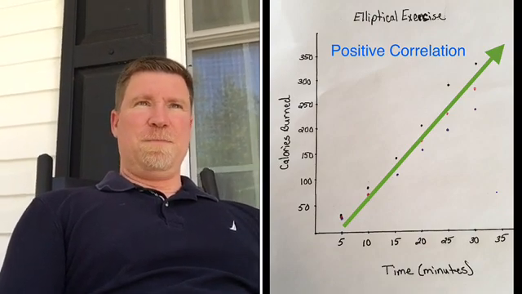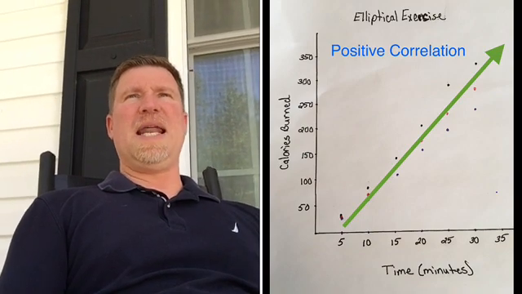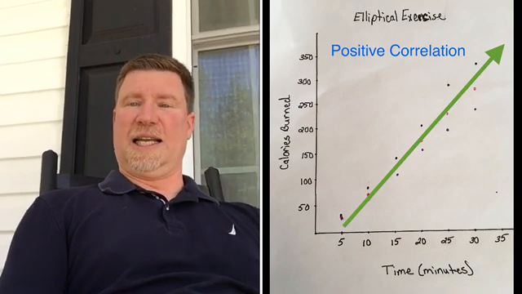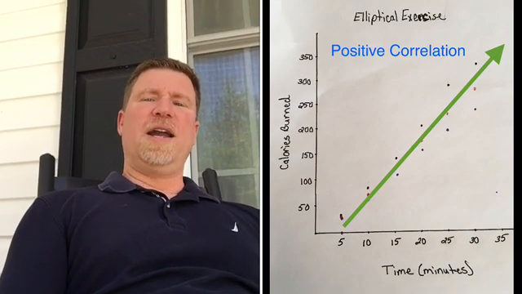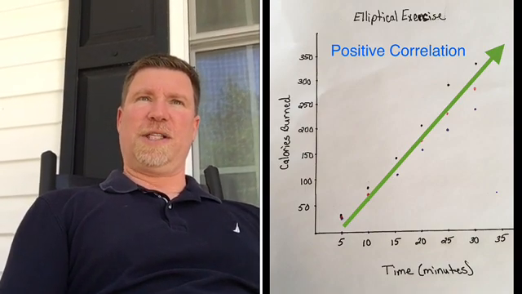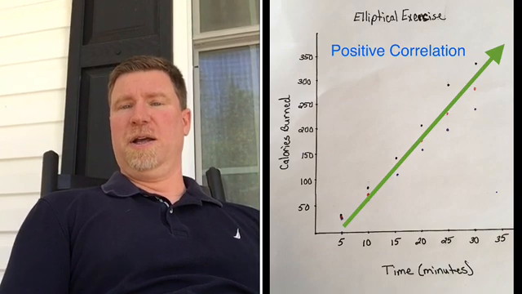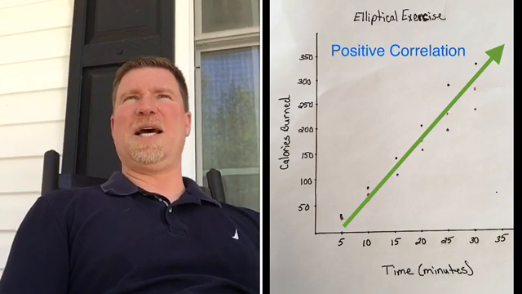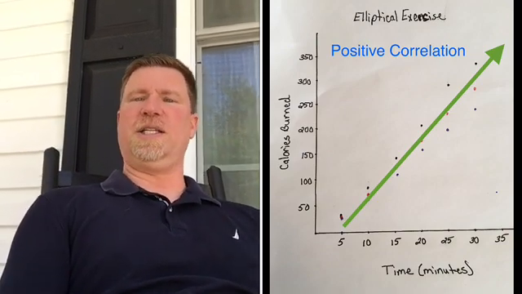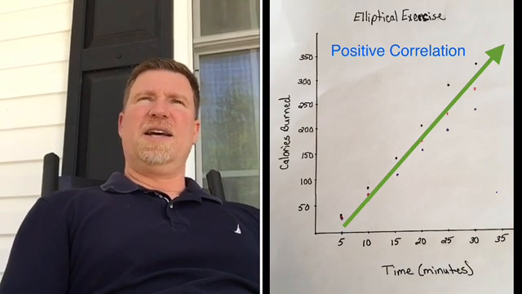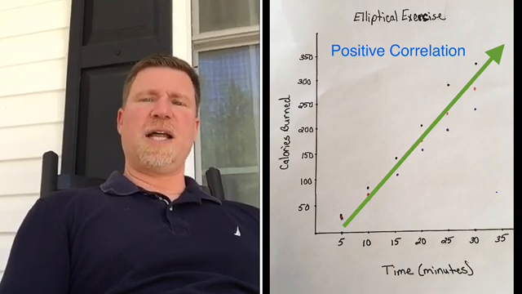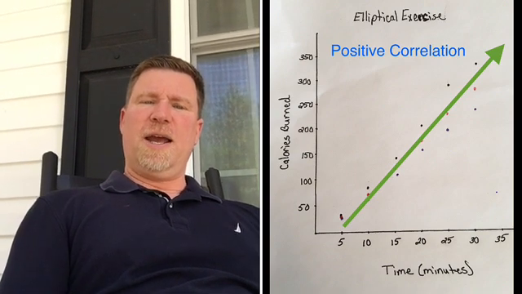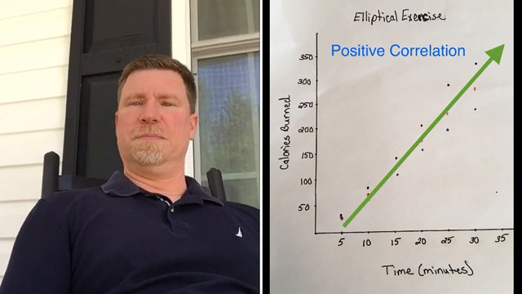And if you think about it, the number of minutes that we're on the machine is constantly increasing. And while that's increasing, the other element of this is also increasing: how many calories are being burned. So the number of calories that we're burning is constantly increasing as the time that we're on the machine is also increasing. So if both of those elements are increasing, it will form a positive relationship.